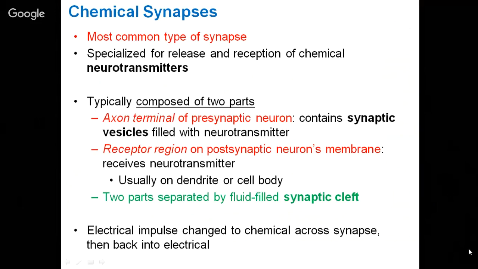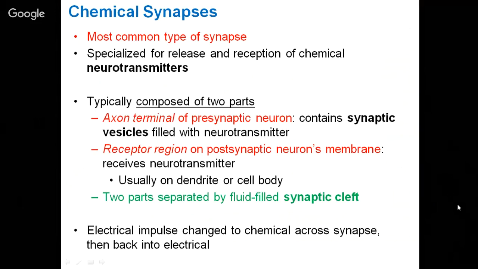With regard to the synapses, the chemical synapses are the most common type. They are specialized for release and reception of chemical neurotransmitters. Typically, they are composed of two parts: the axonal terminal of the presynaptic neuron, which contains the synaptic vesicles filled with neurotransmitters, and the receptor region on the postsynaptic neuron's membrane, which receives the neurotransmitters.